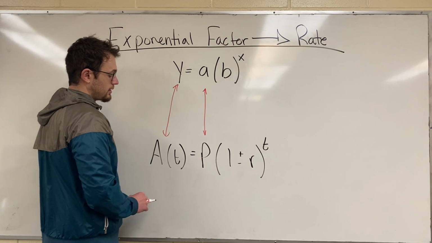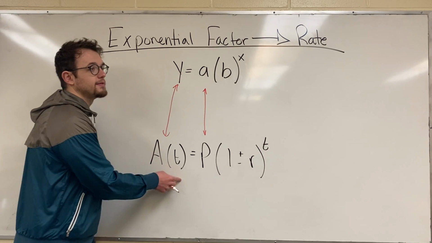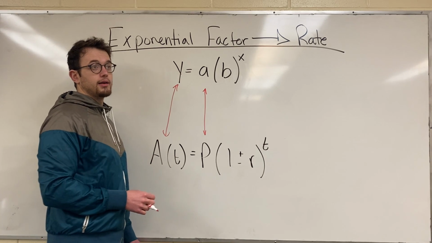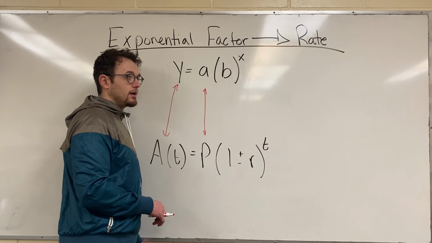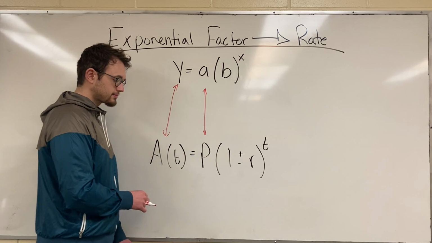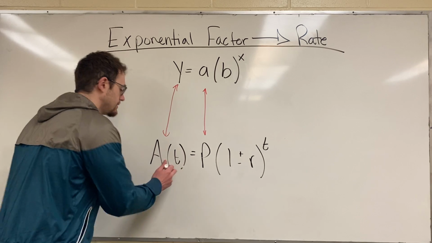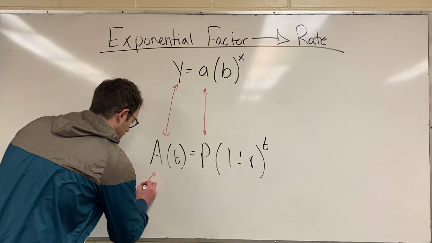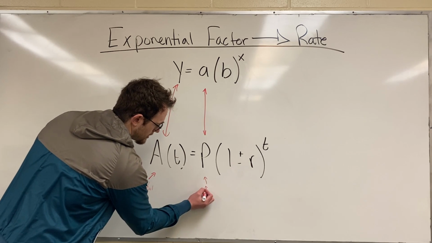You can put A there, little a, not capital A, if you want to. All right, and this isn't always going to be A of T. Maybe if we're talking about a population problem, this is P of T. Or if we're talking about cost, it could be C of T. So cost over time. You can change the letters, but the point is this is still total. This is still start.